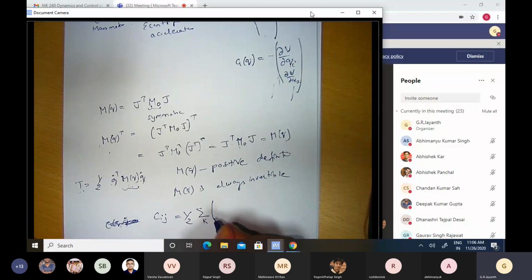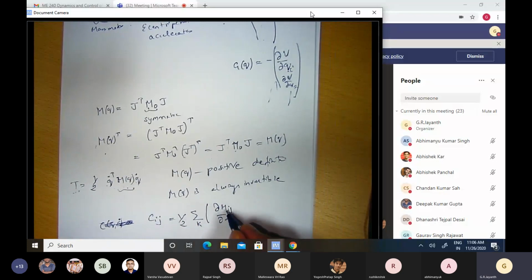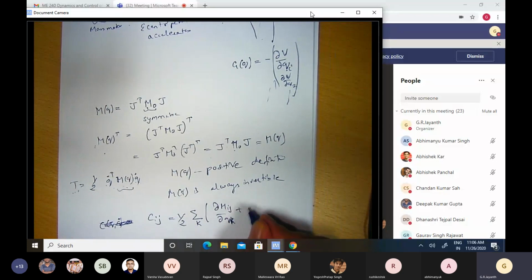It looks very complicated, but that's what it is. Partial of mij with respect to qk plus partial of mik with respect to qj minus partial of mkj with respect to qk.